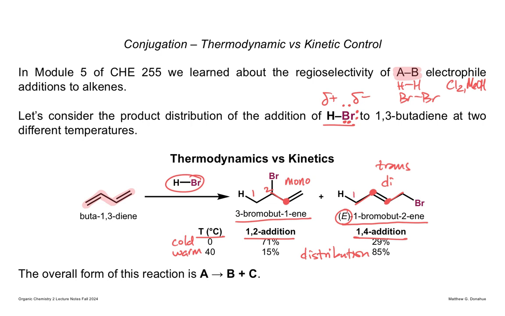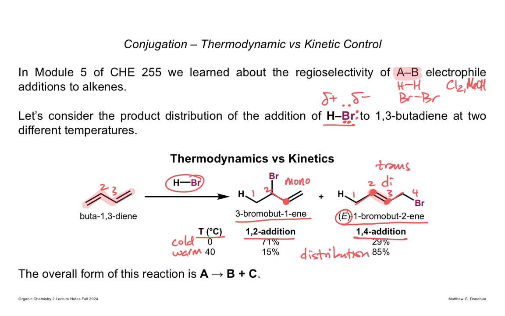So here we have 1, 2, 3, 4. What you notice about the 1,4 product is that the central double bond is now between 2 and 3. But when you're looking at the starting material, there's no double bond between 2 and 3. So the conjugation is playing a role in why you're getting the double bond migrating.